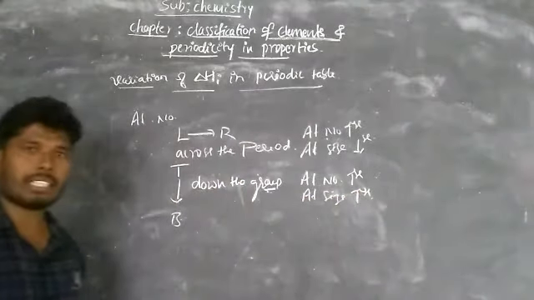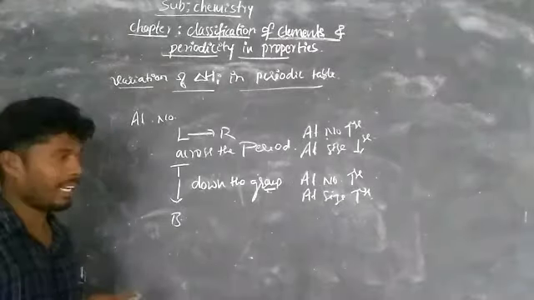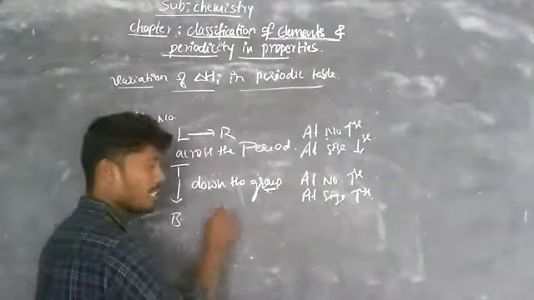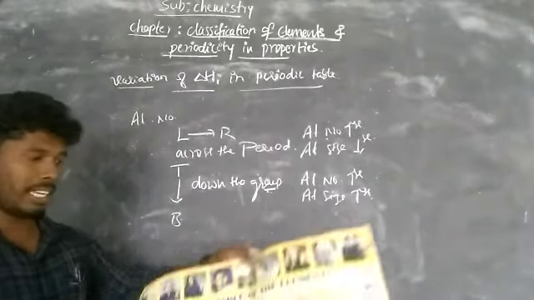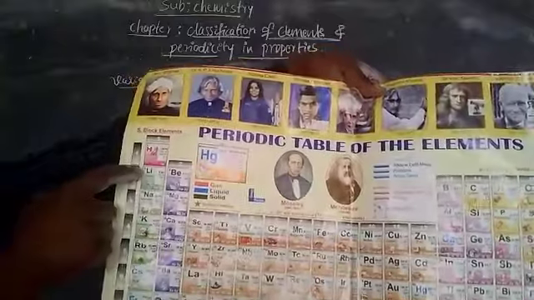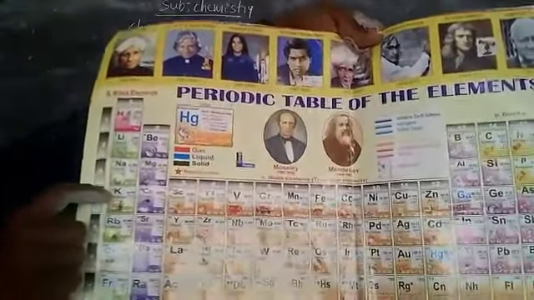Why? The size of an atom increases because the electrons are entering a new shell. For example, see here, down the group: lithium, sodium, potassium. Lithium has atomic number 3, sodium 11, potassium 19.